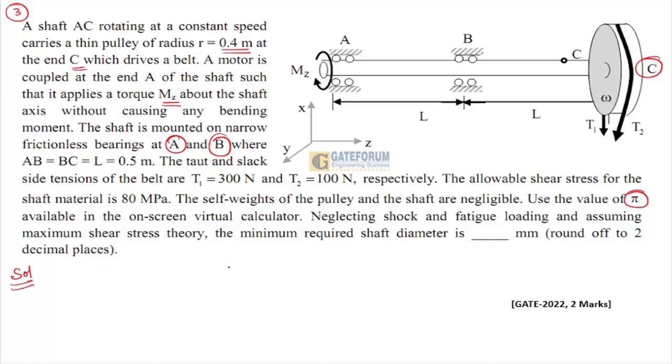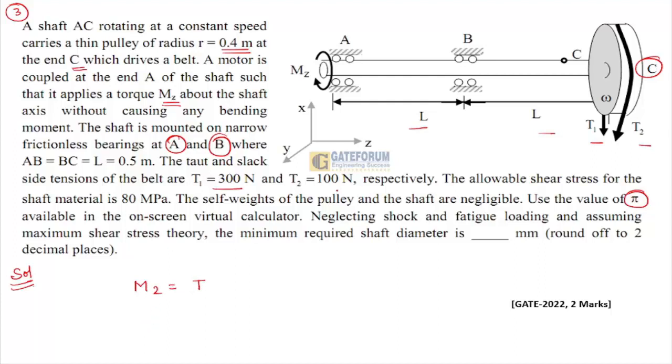Right, this is the given condition. When you see this shaft, it is in three dimensions, with the two tensions T1 and T2 and lengths L. When you talk about the twisting moment, Mz is equal to (T1 minus T2) into the radius.